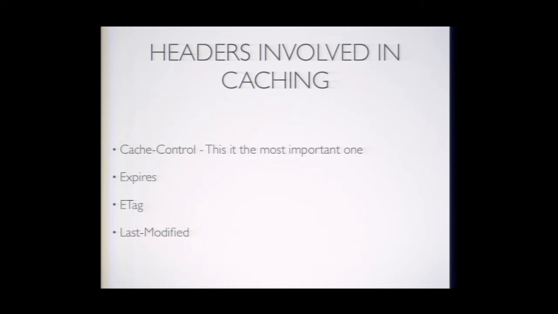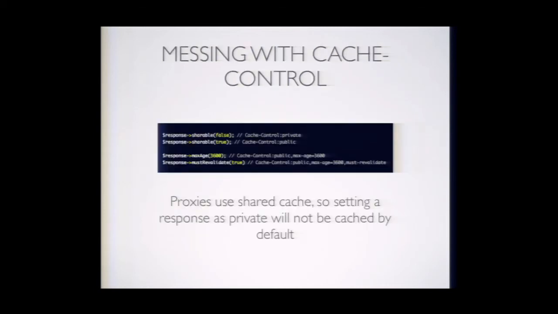Usually you only want to mess with cache control and sometimes with etag. I showed yesterday an example of last modified. And this is how you do it now in CakePHP. You have the response object, and you set the shareable attribute to on or off depending on your request.